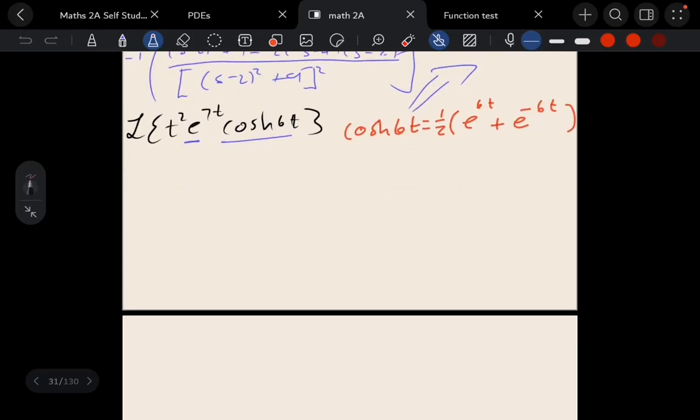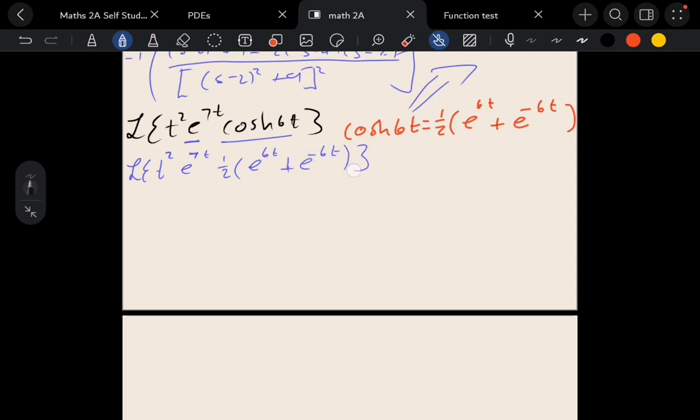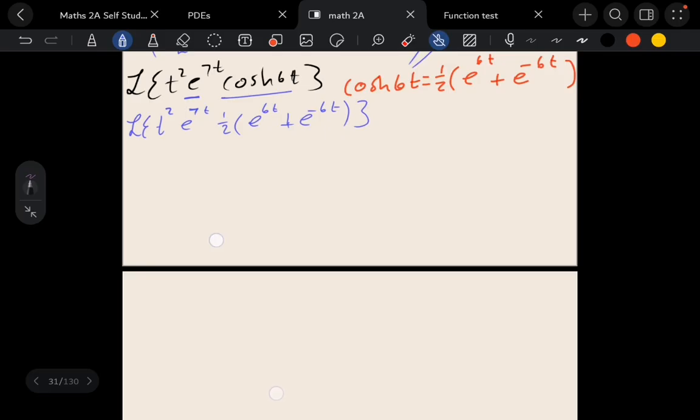So I'm going to have the Laplace transform of t squared e to the power 7t, 1 over 2 in bracket e to the power 6t plus e to the power minus 6t. When you simplify this, the half will go outside. I'm going to have t squared e to the power 13t plus t squared e to the power t.